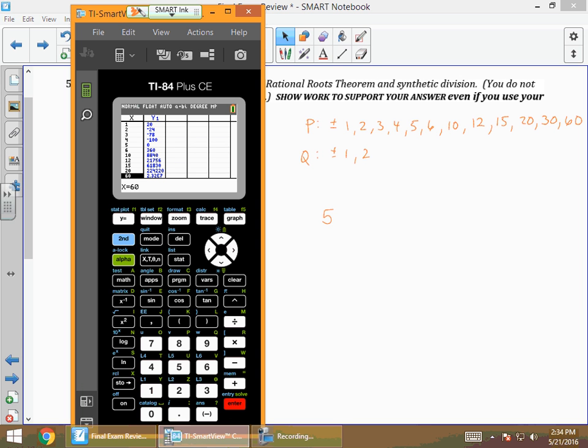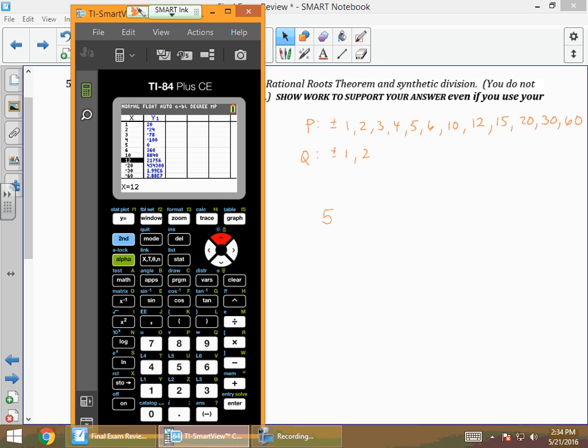All right, so the only one out of the positives that worked over 1 was 5. So now let's try the negatives. Negative 60. No. Negative 30. No. Negative 20.